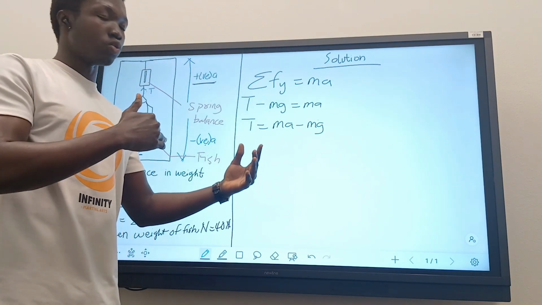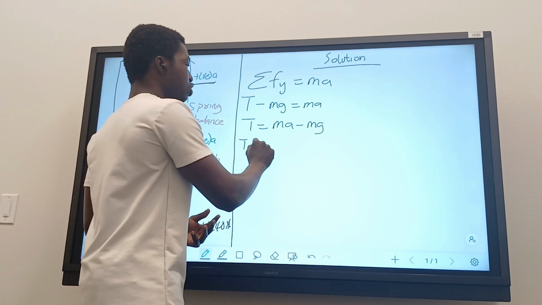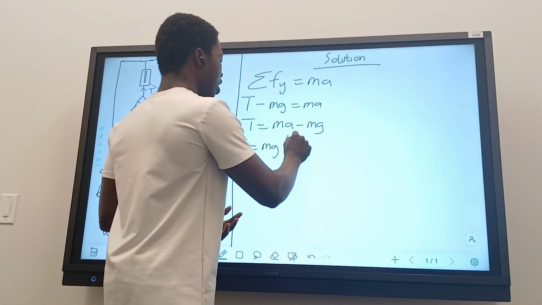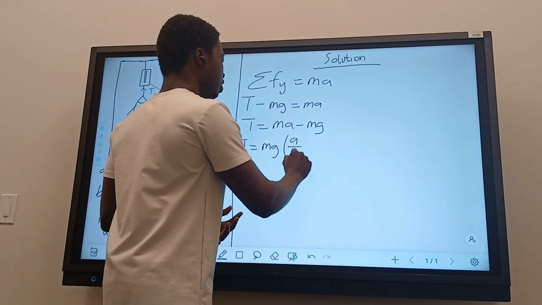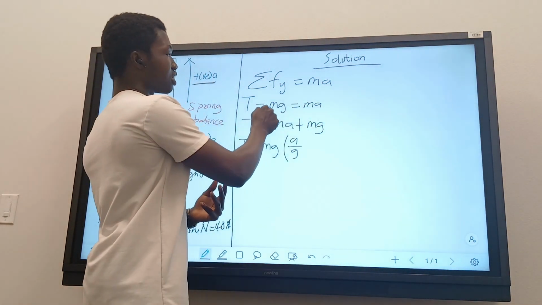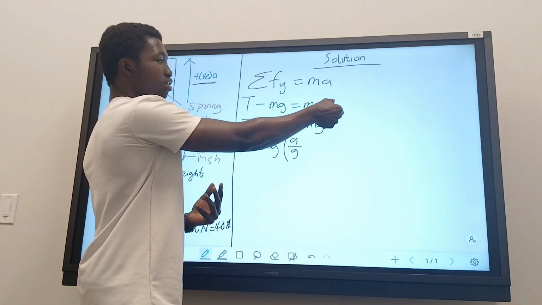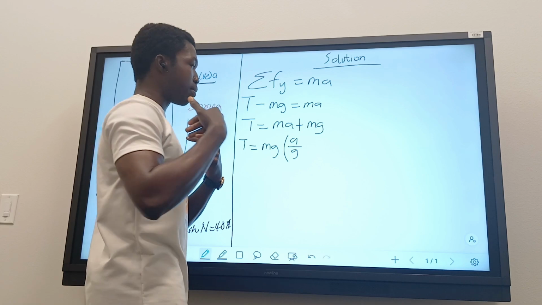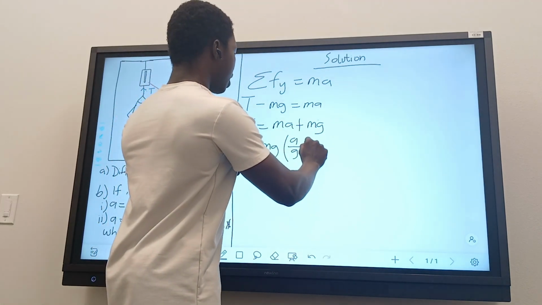So T is equal to, we'll bring mg out, times a over g plus 1. Sorry, I wrote minus earlier. Since I moved the mg to the other side of the equal sign, it becomes plus. So it becomes plus 1.